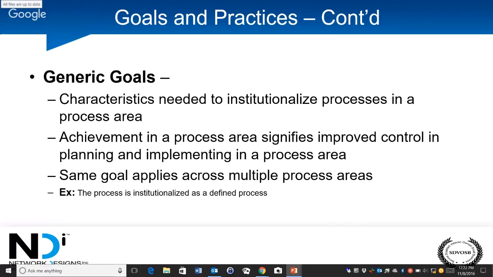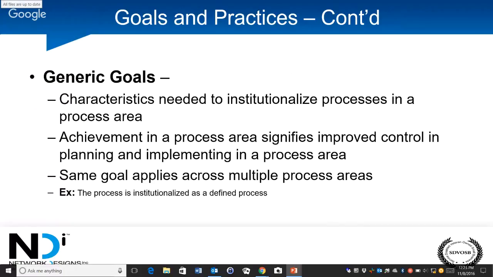That Project A and Project B and Project C all do their processes the same way, that we start a project the same way, that we handle requirements management in the same way, we handle changes to requirements in the same way. No matter what the project, we do it the same way, that we've institutionalized it in essence.